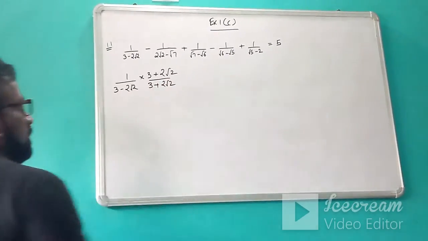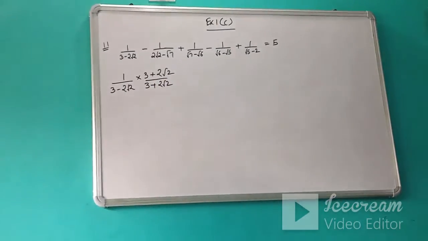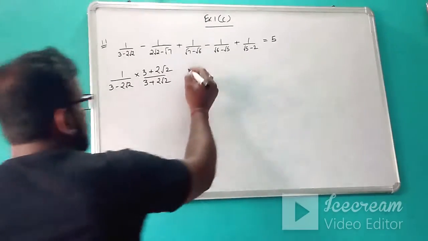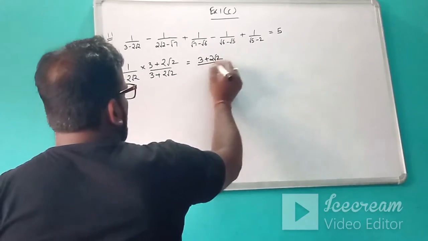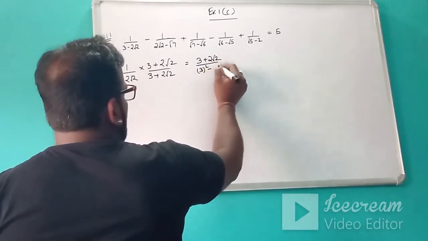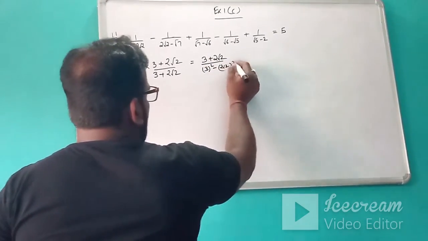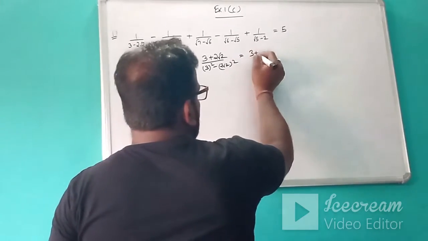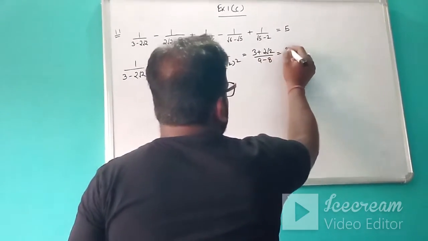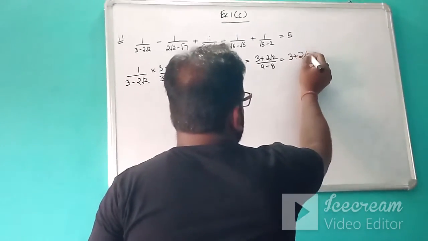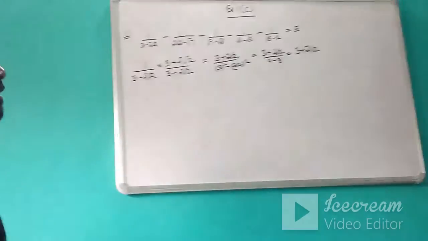That means you have to rationalize the denominator of each and every term. So it is 3 plus 2 root 2 upon 3 square minus (2 root 2) square, or 3 plus 2 root 2 upon 9 minus 8, or 3 plus 2 root 2. Okay, so this will be your first term now.